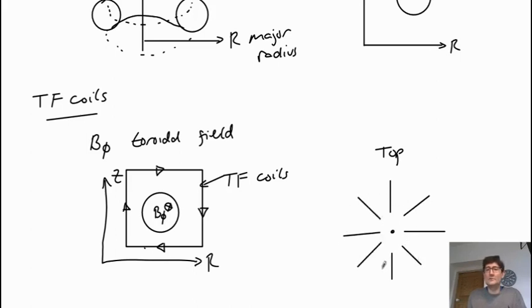And these are arranged symmetrically around here in a circle. So JET, for example, has 18 of these coils around. Different tokamaks have different numbers of coils. So these will generally produce a magnetic field which goes around in a circle like this. These are producing B phi.